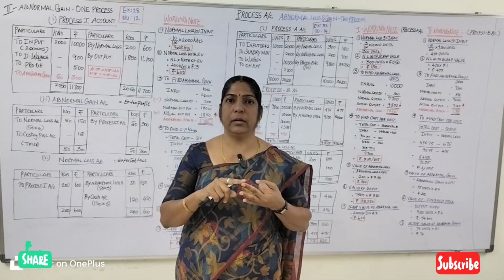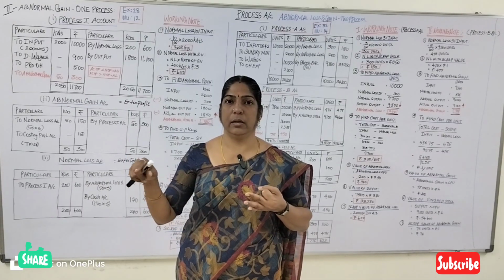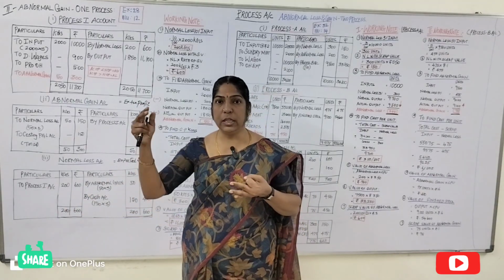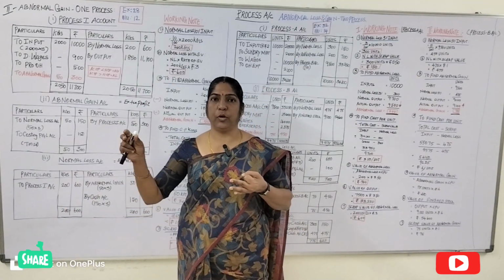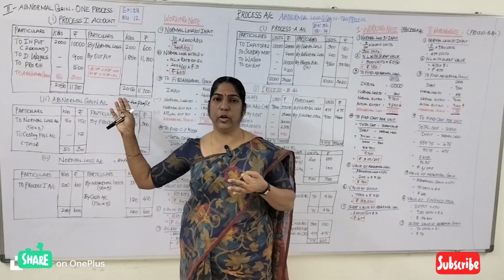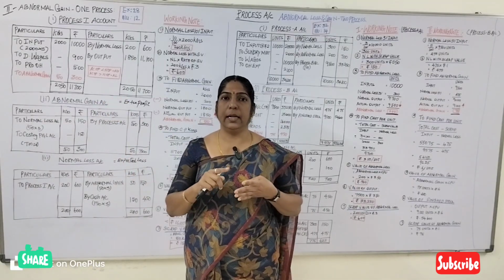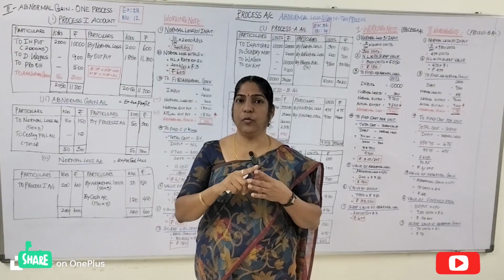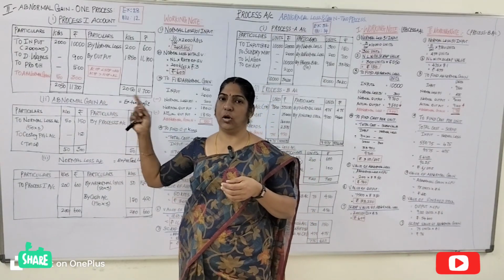What are the items that will appear on the debtor side as per the format? Input, and the costs they spend during the production. All the production expenses we are going to enter on the debtor side, and abnormal gain and opening stock. There are 4 items shown on the debtor side.